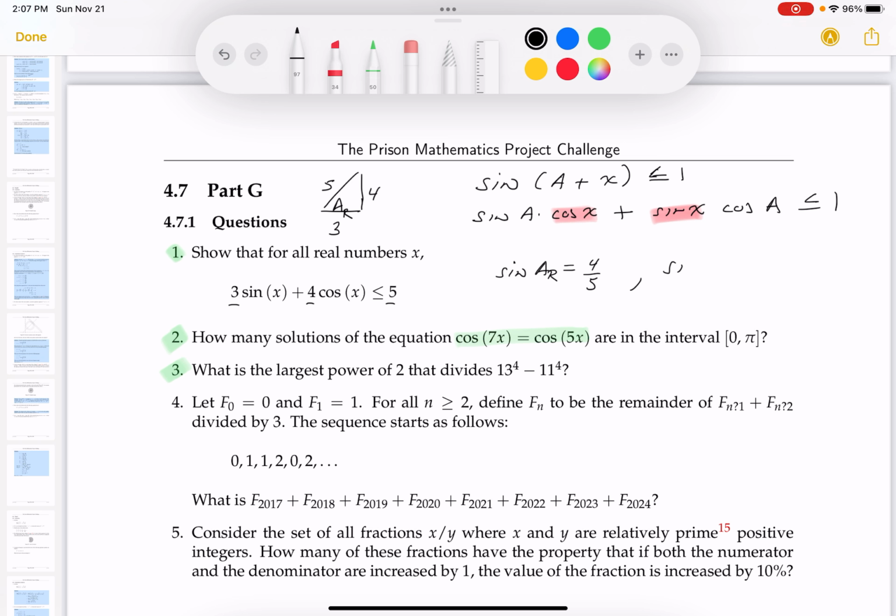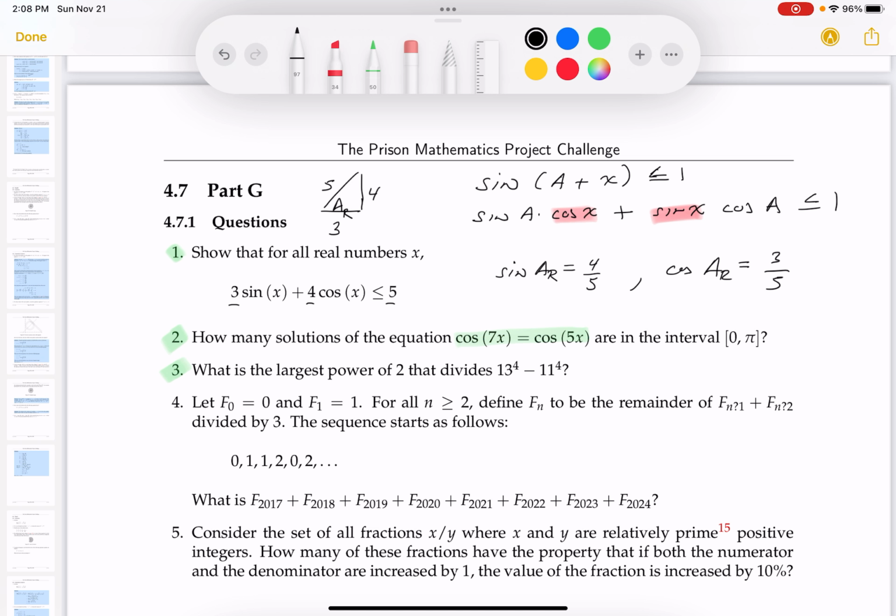And the sine, not sine, but cosine, let me get my eraser out. The cosine of A reference would be 3/5. Let's take a look. See if I'm getting what I want. Yeah, I think I would.